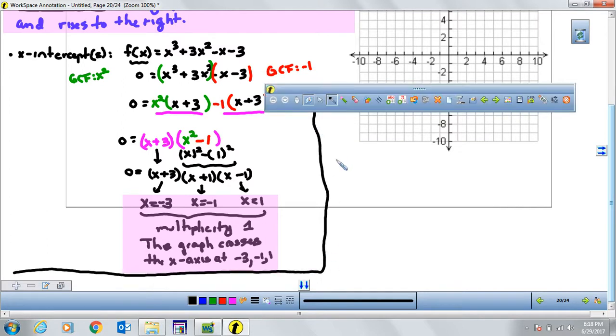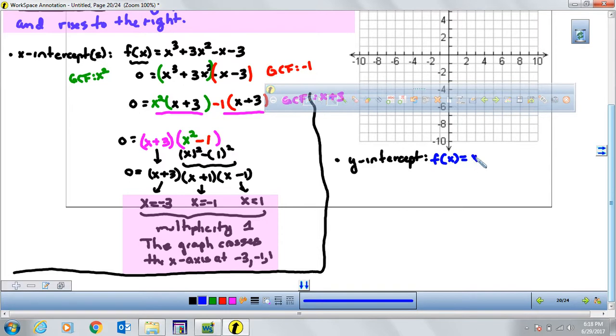Number 3, we're going to find the y-intercept. Now, to find the y-intercept, we have to set every x in the function equal to 0.